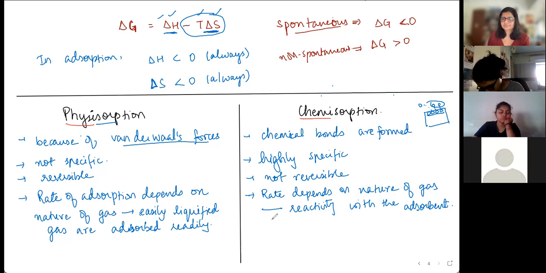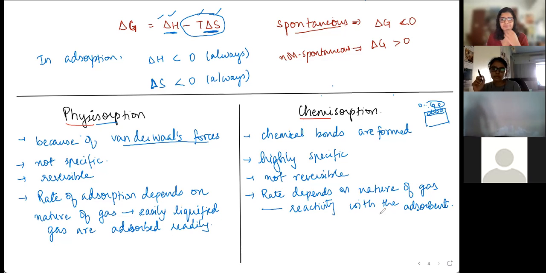So both rates depend on the nature of the gas. In physisorption, it depends on the critical temperature, like how easily it can be liquefied. In chemisorption, it depends on the reactivity.